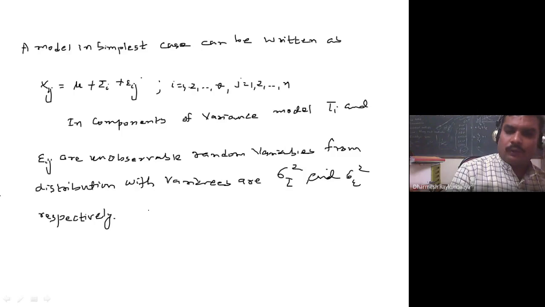That is, the variance of tau_i is sigma tau square, and the variance of epsilon_ij is sigma epsilon square.